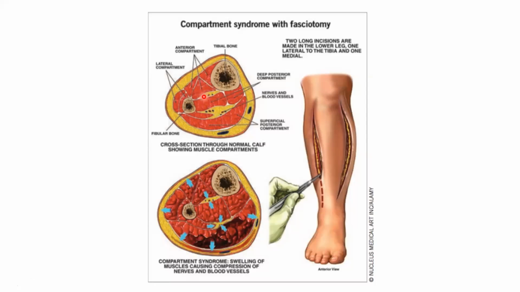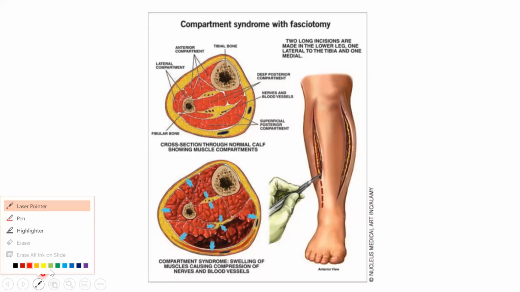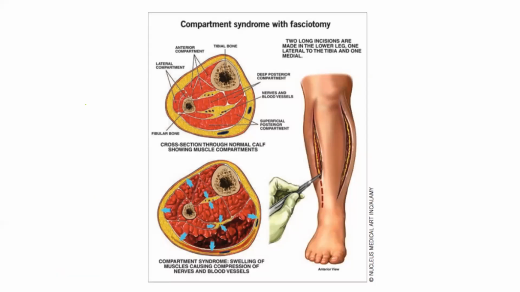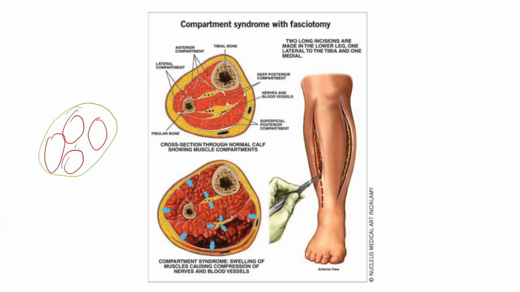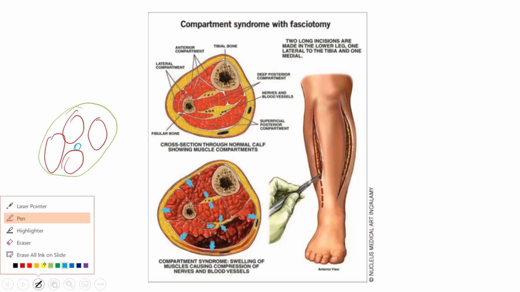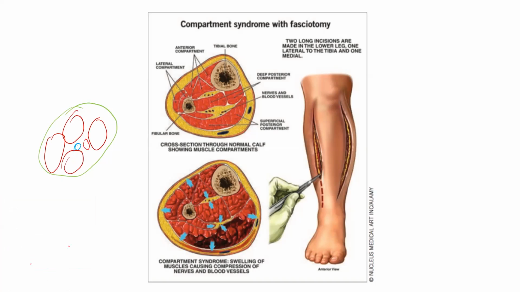Right? So when they expand, when they start to swell, first the veins will get compressed. The veins have very thin walls, right? So first these veins will get compressed. If you take a compartment, you have the different muscles, and you have the veins and the arteries and the nerves.